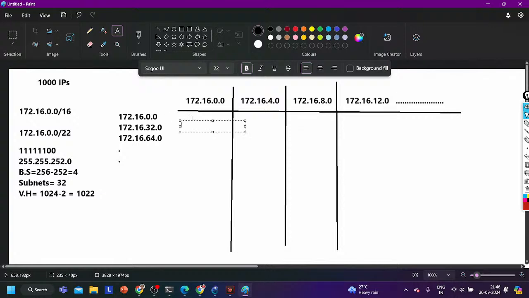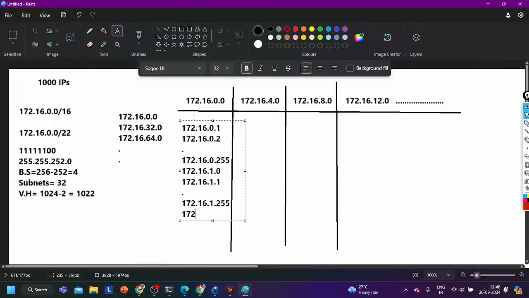So the first IP address of the first subnet is the first valid IP address, 1. Second, like this, up to .255. Then guys, next IP 172.16.1.0. Then 1.1, .255.